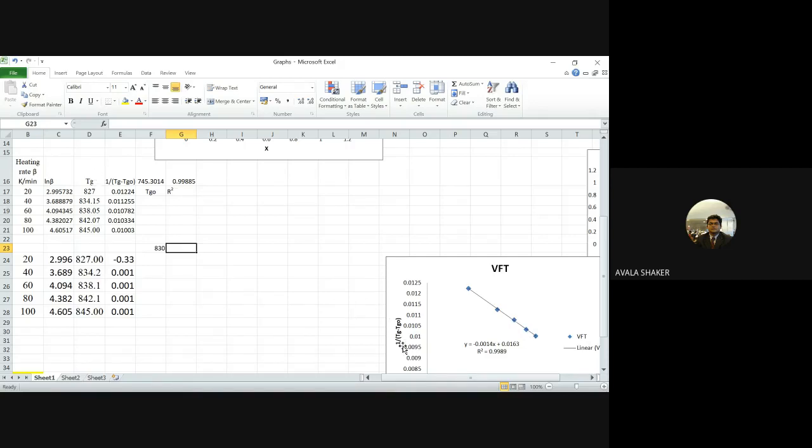So the graph is 1 over Tg minus Tg0 against ln beta, for the same heating rates. Since I know from the other calculations that this graph should work out to be a straight line, I'm using that information, and let's say we set this regression value to 1.